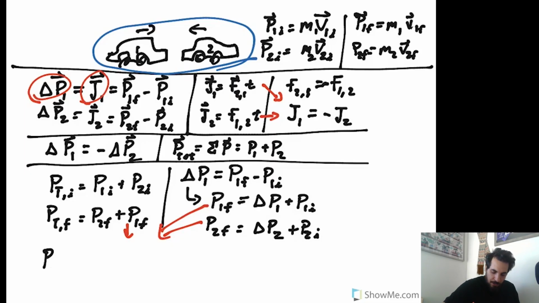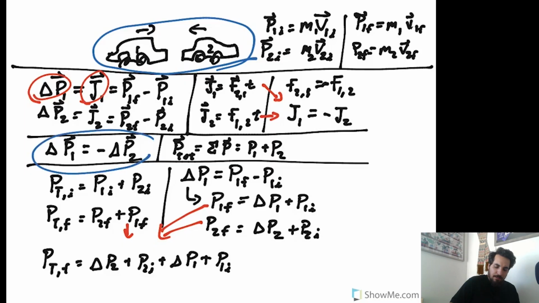And with these two pieces in hand, we are going to plug those into our P total final, and we'll get that our P total final is equal to P2 final, which is delta P2 plus P2 initial, plus our P1 final, which is delta P1 plus P1 initial. And earlier we found that delta P1 and delta P2 are equal and opposite.